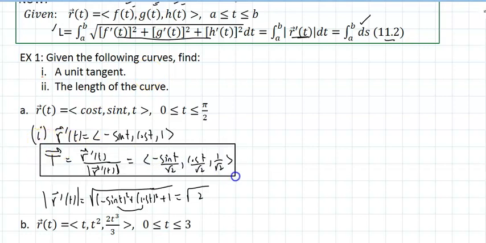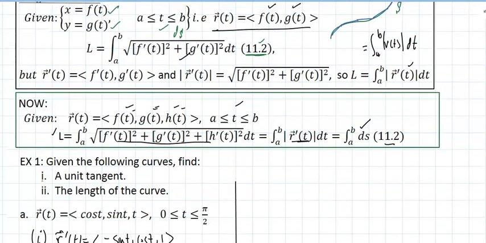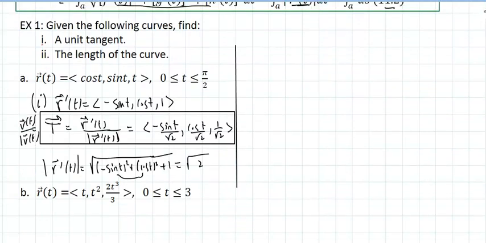That would be my unit tangent. As for the length, and again, if you really think about the unit tangent, it's really the velocity, that's really v of t divided by the magnitude of v of t. I'm using v lightly. I didn't put an arrow on it. Forgive me.